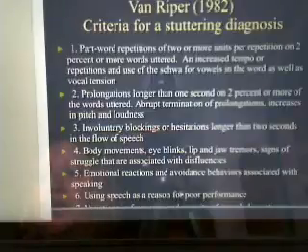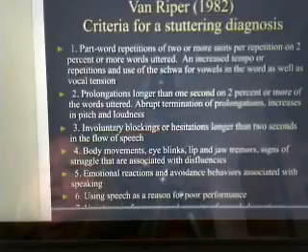I mentioned earlier about those secondary behaviors. Examples of those secondary behaviors would be body movements, eye blinks, lip and jaw tremors, and obvious signs of struggle that are associated when the individual is having a stuttering event. Then there are emotional reactions and avoidance behaviors associated with speaking.